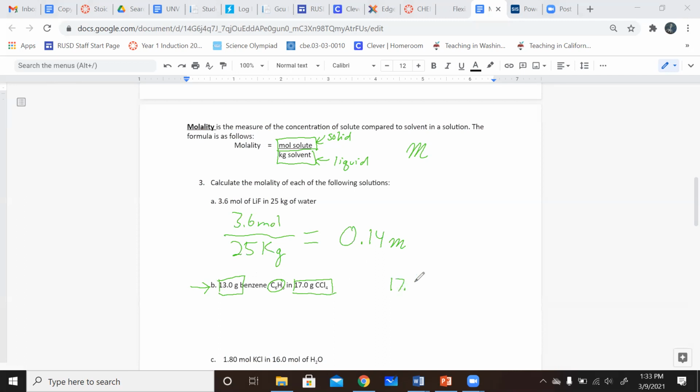You take your 17.0 and you move this decimal place over 3 times, and you get that you have 0.017 kilograms. Okay. Then after you've done both of those conversions, you can do your however many moles over your 0.017 kilograms, and you'll get an answer.